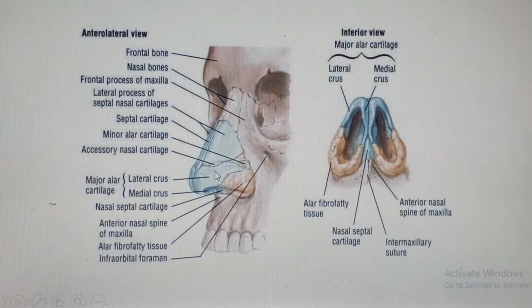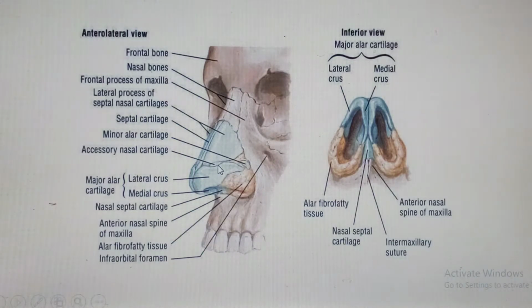One thing I want you to know about the major ala cartilage is that between the lateral crus and the lateral process coming from the nasal septal cartilage, there are little cartilages which we call accessory nasal cartilages.